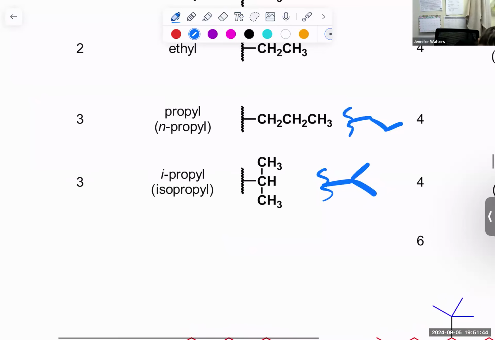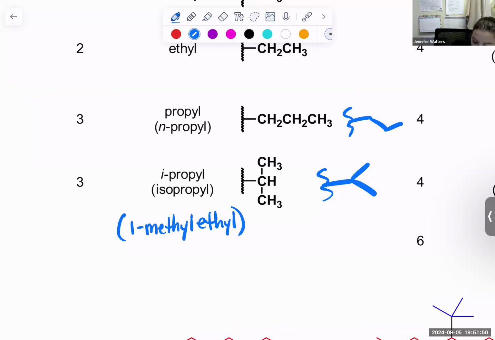So this becomes 1-methyl ethyl. Because you're going to have your numbering of your branched substituent start at the true backbone and go out. So you always have to start closest to the true backbone and then highlight out as many carbons as you can. So that makes this a 2-carbon substituent coming off the true backbone.